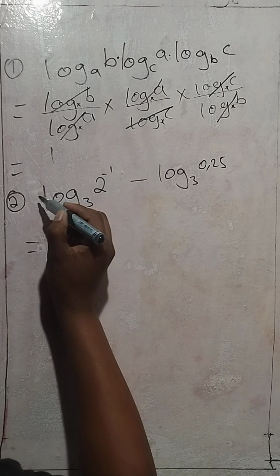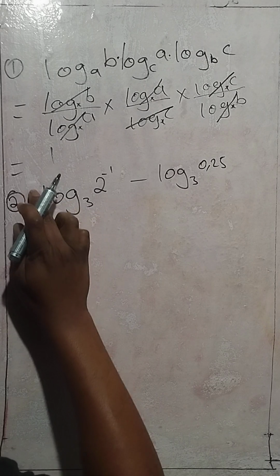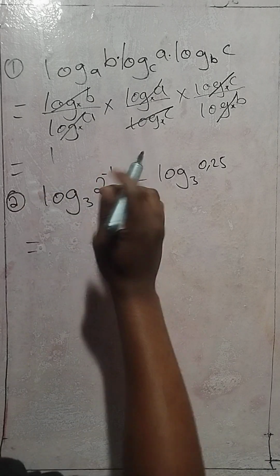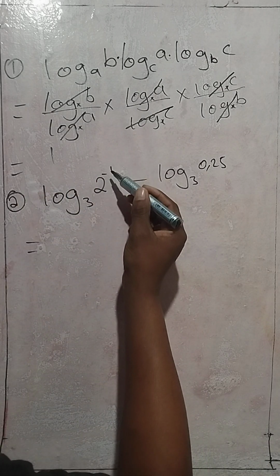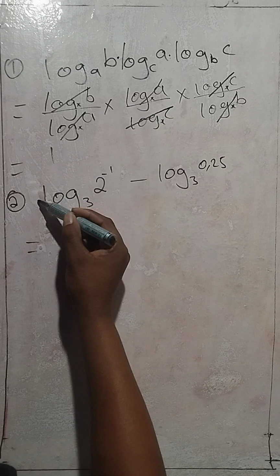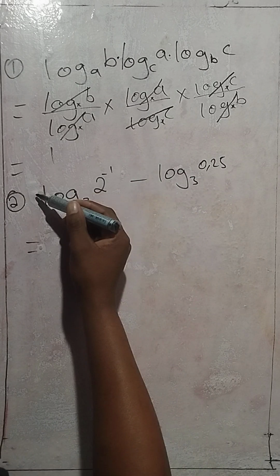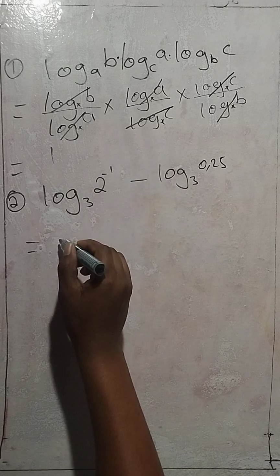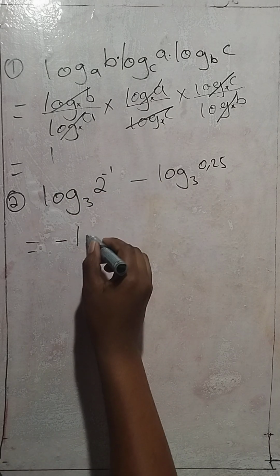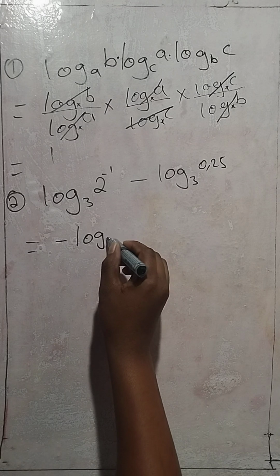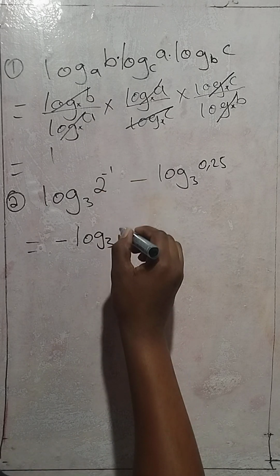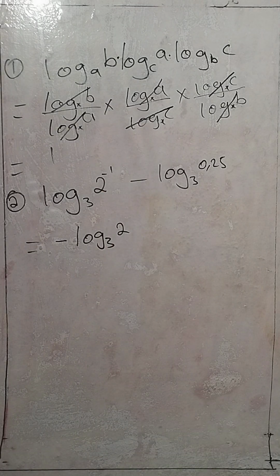The coefficient here is 1, so it's like having 1 times negative 1. Let's say it was 20, it was going to be 20 times 1. But now we have negative 1, so it will be negative 1 log of base 3 of 2.